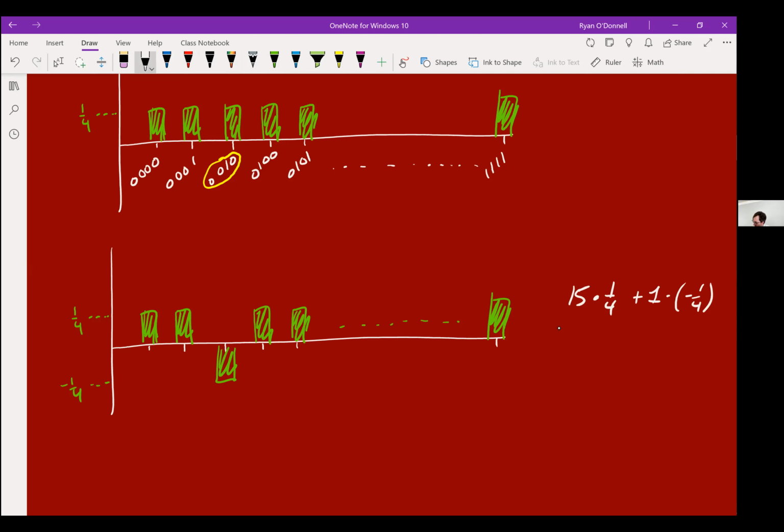Then we have to divide: 13 quarters is the sum, and the average is this over 16. So this means 13 over 64. So mu is 13 over 64, which is, since 16 over 64 is 1/4, perhaps about 0.23 or something.